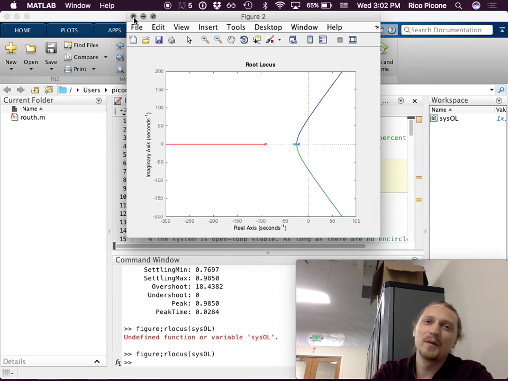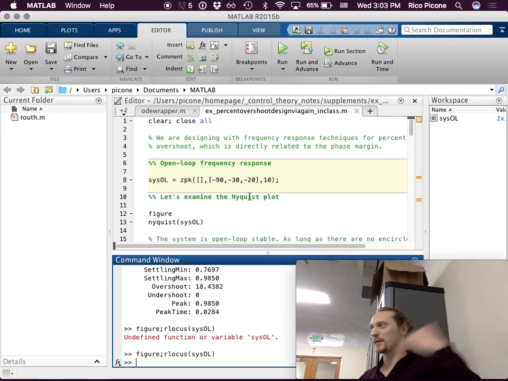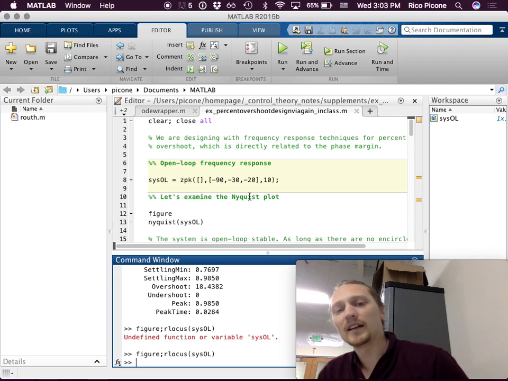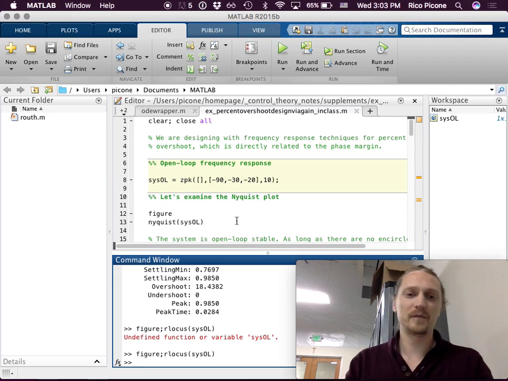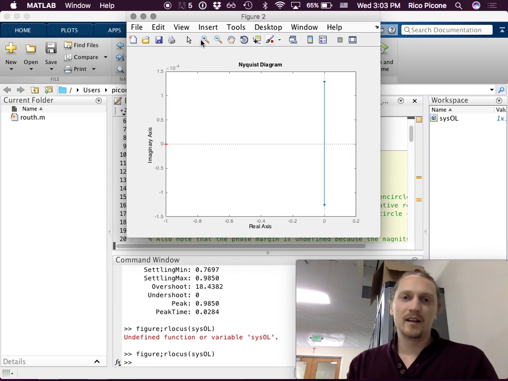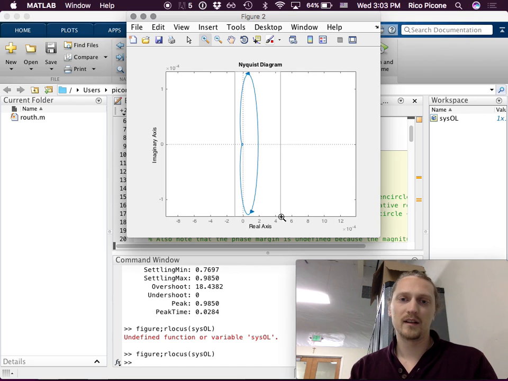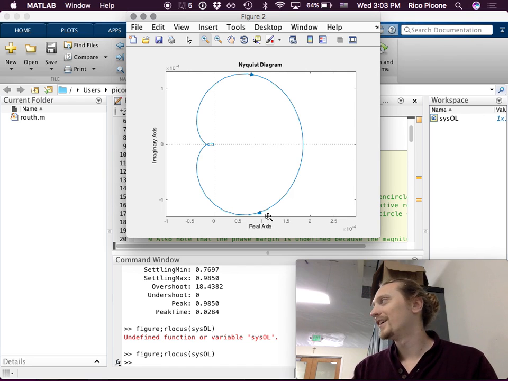But say we're pre-root locus, because the frequency response stuff came first, actually. You're pre-root locus, and you're going to look at the Nyquist plot for this. It looks kind of similar, but when we zoom in, there's a loop.